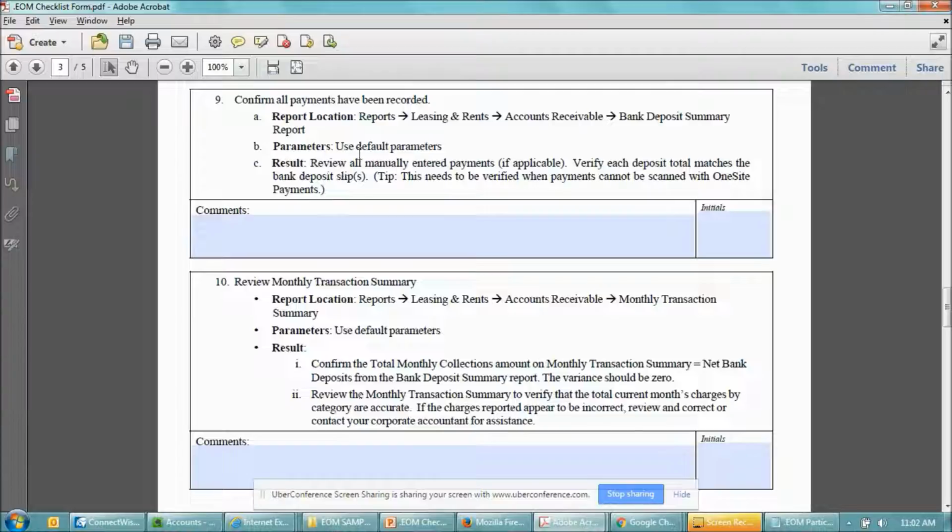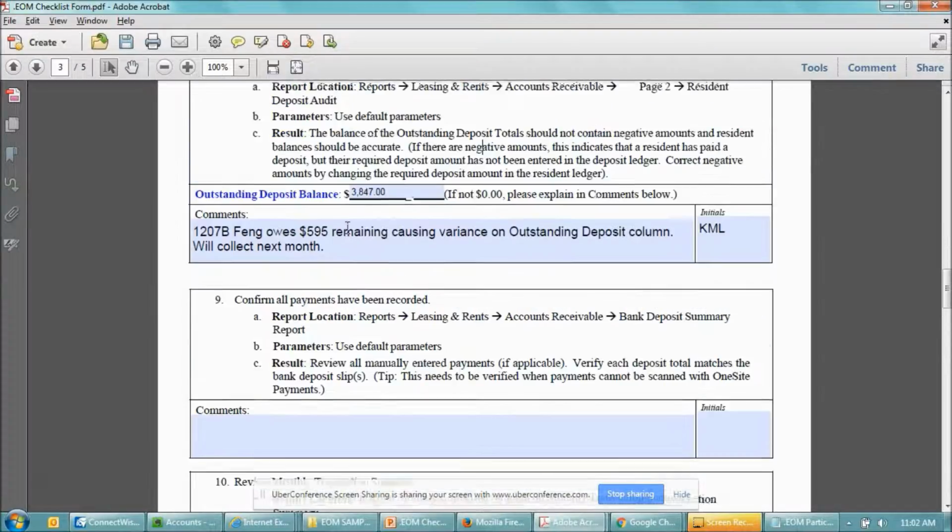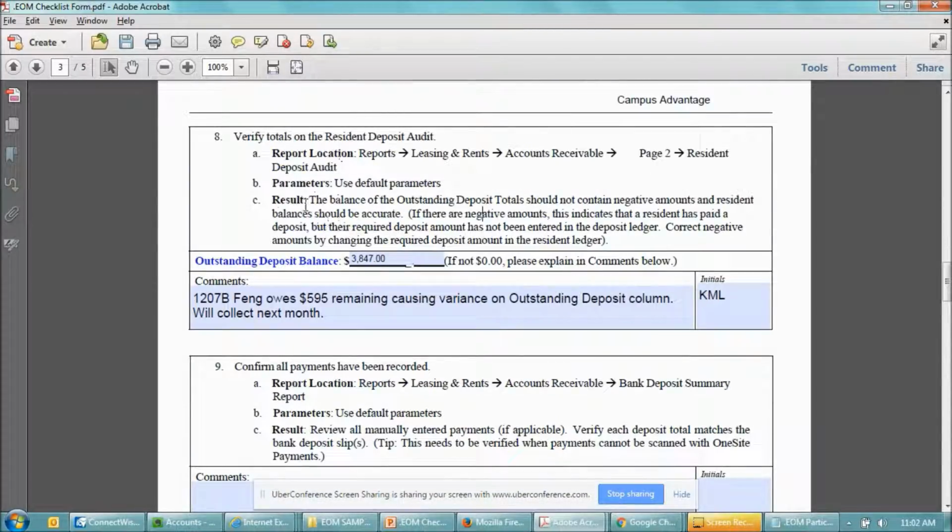All right, number 9, confirm all payments have been recorded. And before that, not anything specific to this, just to let you know, the end of month checklist, when you grab it off of the Academy, does not have these form fields where I'm typing things in.